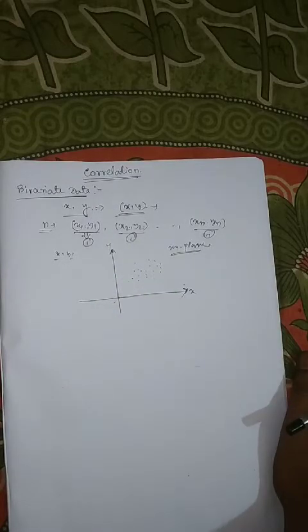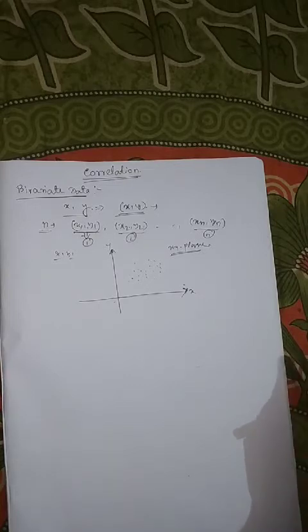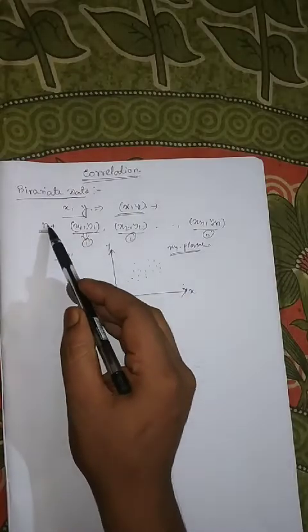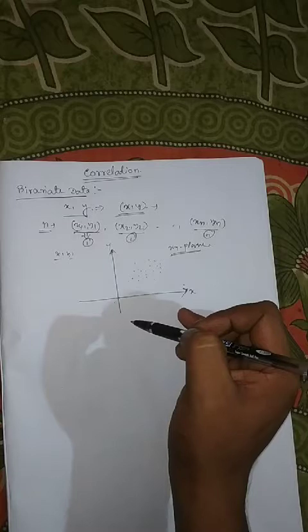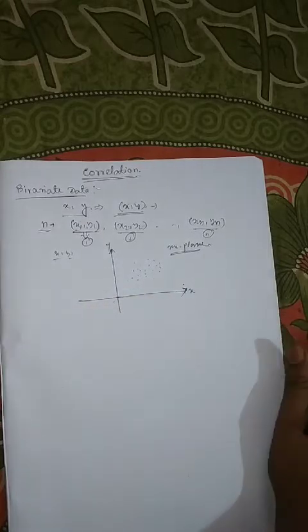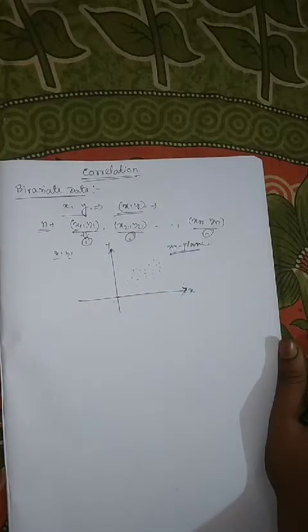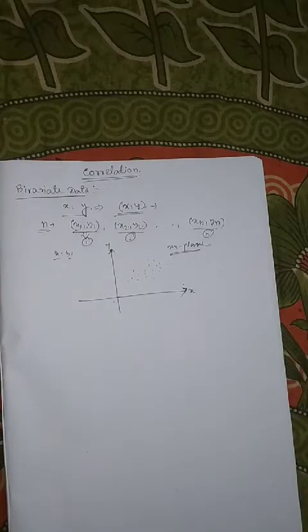This diagram is called the scatter diagram, or the dot diagram. Every bivariate distribution has a scatter diagram. There are many forms of dot diagram. You can see it in my note which I gave in the previous class.